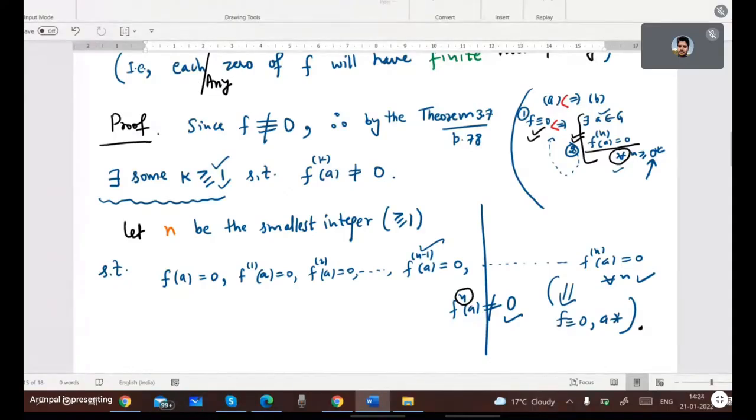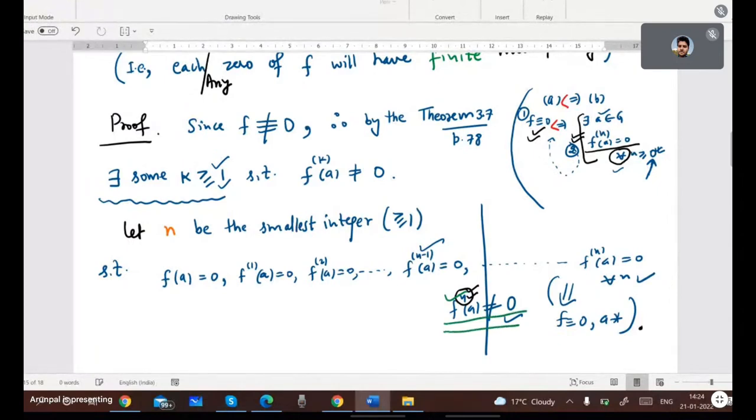So you just go on looking at the derivatives up to where they are zero, and then certainly there will be some order derivative which is non-zero, and you stop at that stage. After that, you don't need to look into whether the derivatives are zero or not. But we have the guarantee that certainly there will be some n where the derivative will stop being zero.